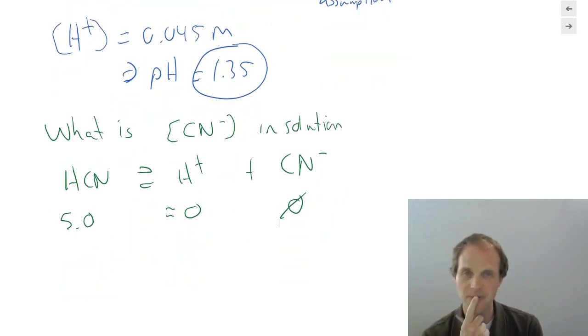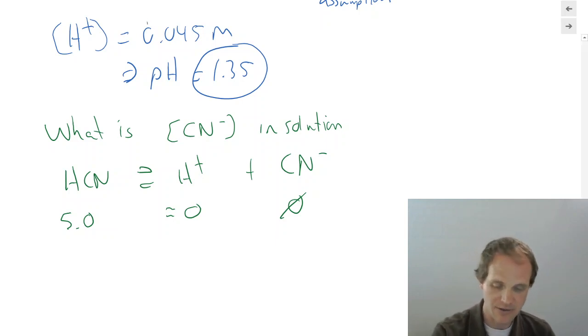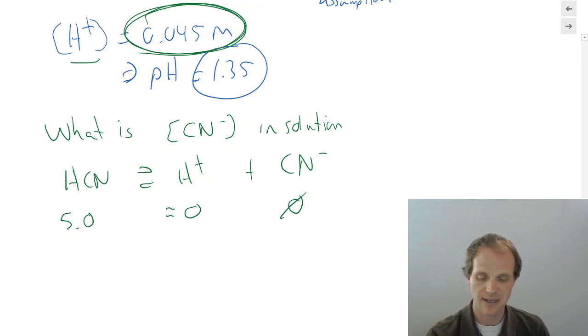But I have to stop you here and say, well, what did we just calculate? We just calculated that somewhere in the solution, something is producing 0.045 molar H plus. Is the HCN going to see that? Well, yeah.